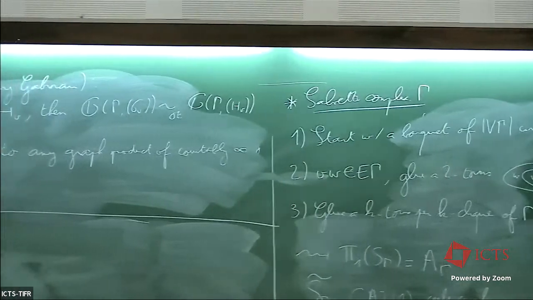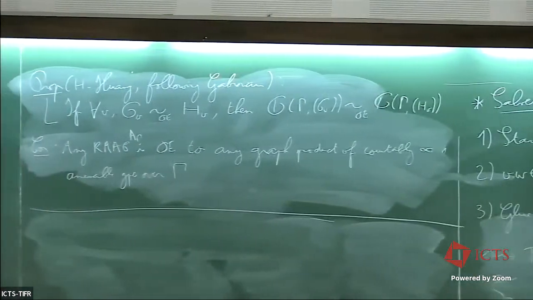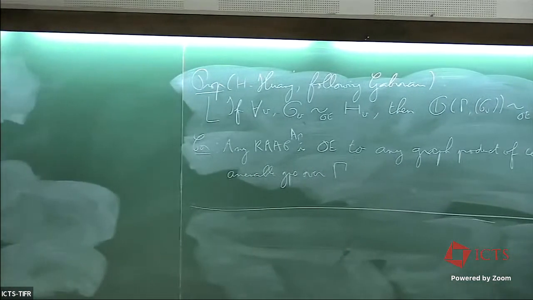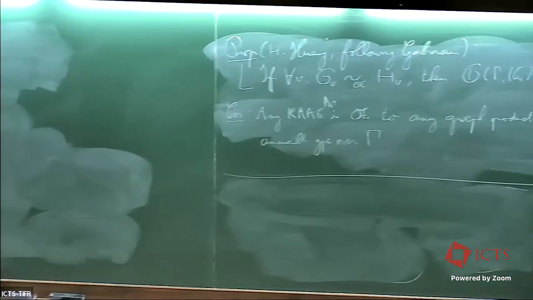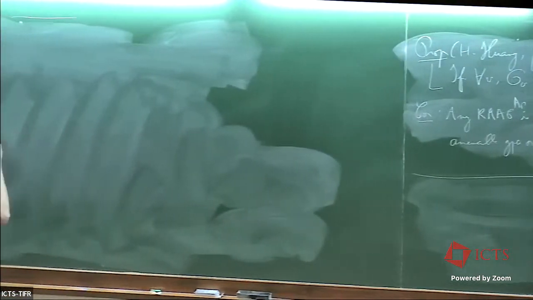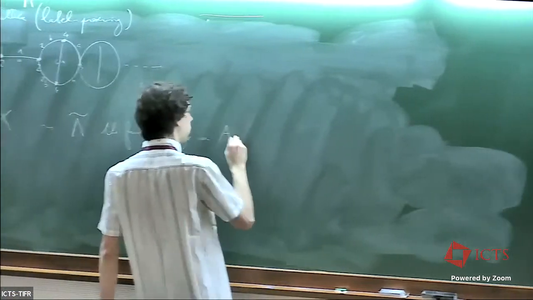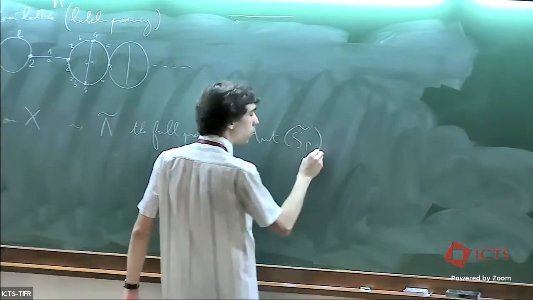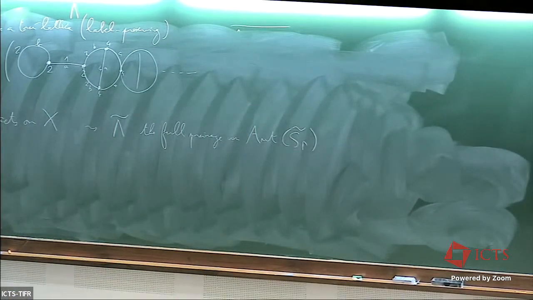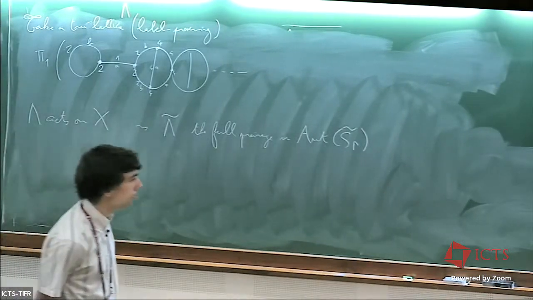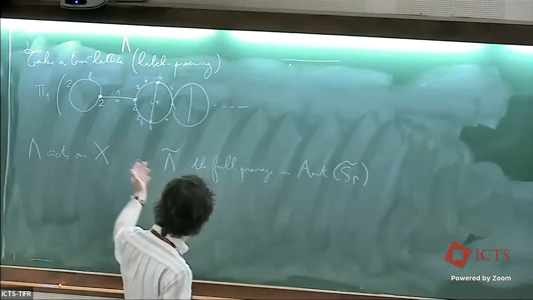So you get an action on X, and then you can take lambda tilde to be the full pre-image in the automorphism group of the universal cover of the Salvetti complex, and this is how you build the lattice. And indeed, you will have something with unbounded torsion.